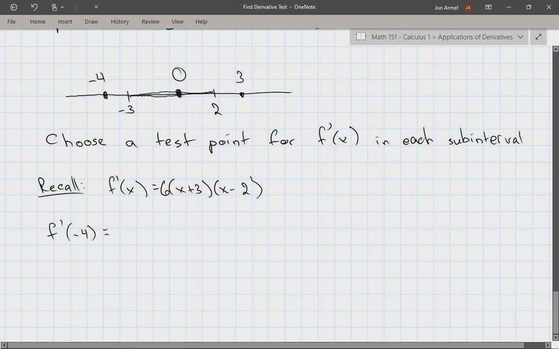So I'm going to take 6, and then I'm going to do -4 plus 3. I don't care what value that is. All I know is that that is a negative number. So -4 plus 3 is negative, and -4 minus 2 is negative.